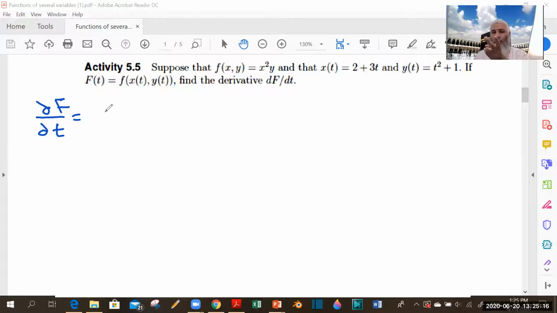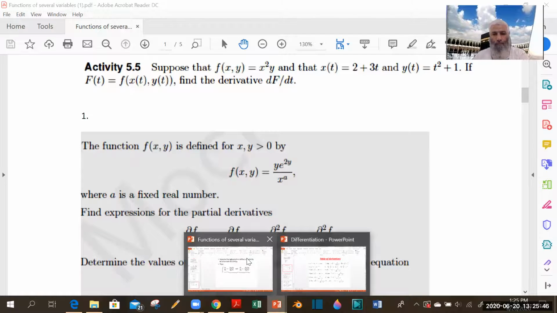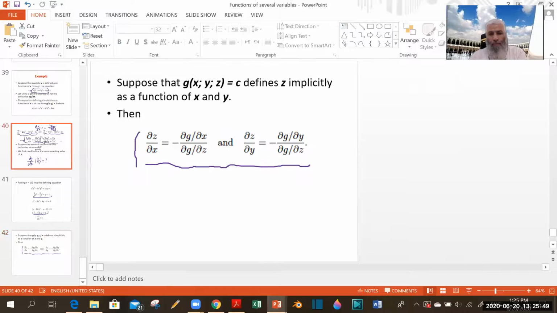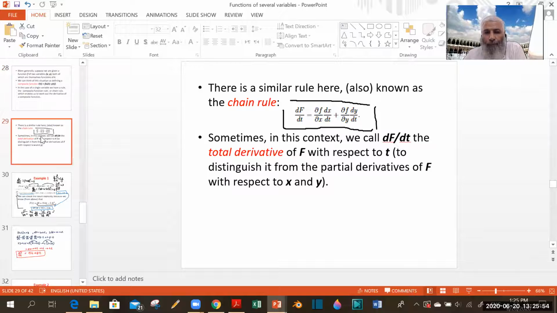We can find it in two ways, by substitution and by using the rule. Let's revise the rule. The rule is here.